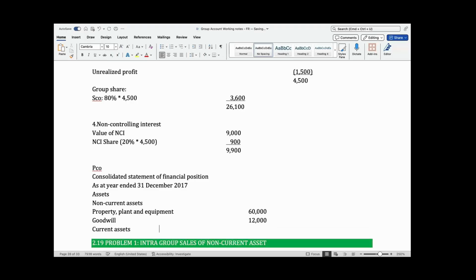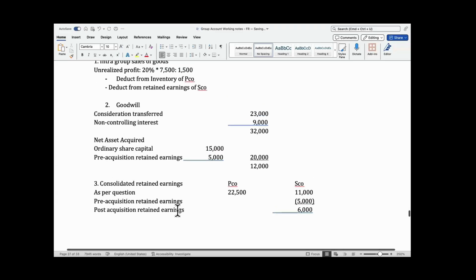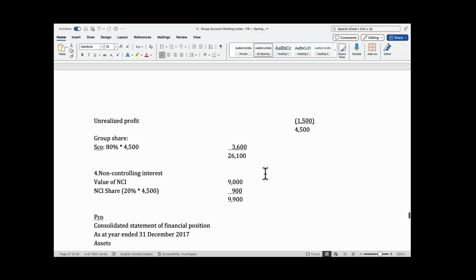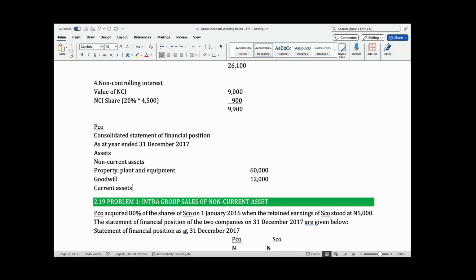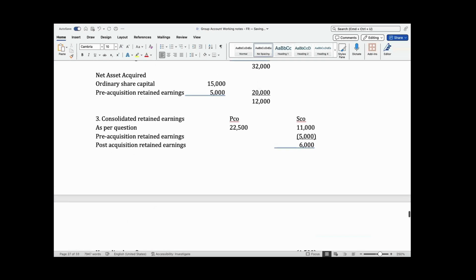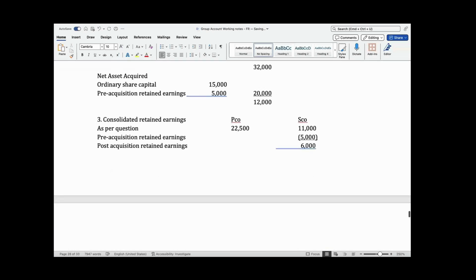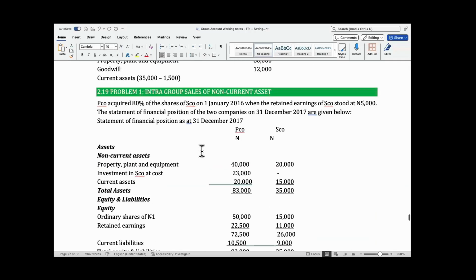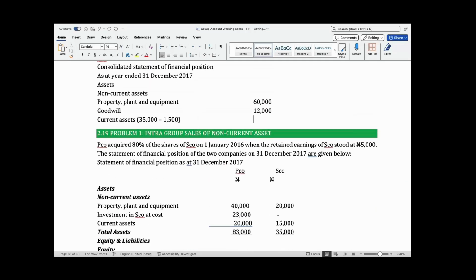Then current assets. How much is our current assets? That's 35,000. But don't forget to remove unrealized profits from that, 1.5. This unrealized profits here, this 1.5 here. So it brings us down to how much? 33.5.